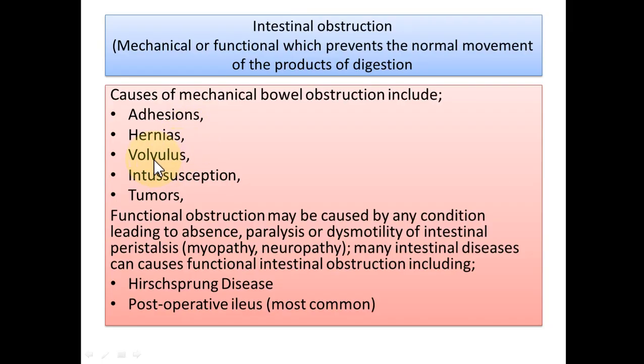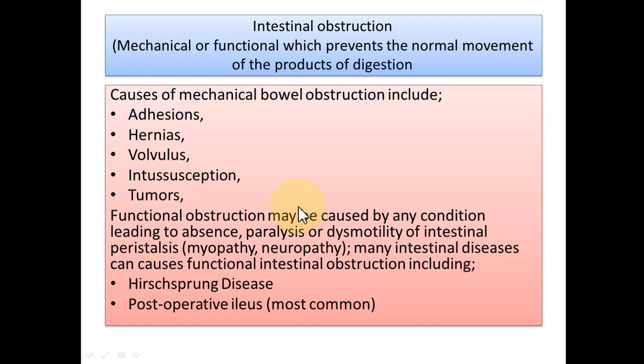It may be in the form of volvulus, in which the intestinal segments get twisted around a fixed point, or it may be in the form of intussusception, when one part of the intestine is invaginated into the other part, and the physical presence of tumors in the lumen of the intestine.